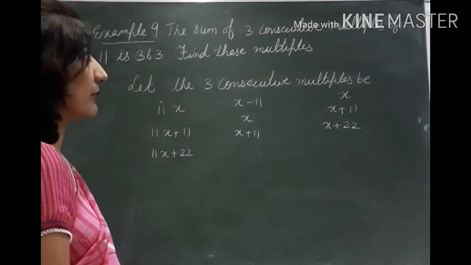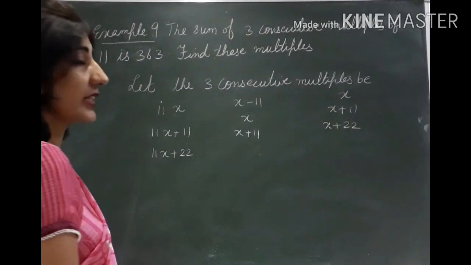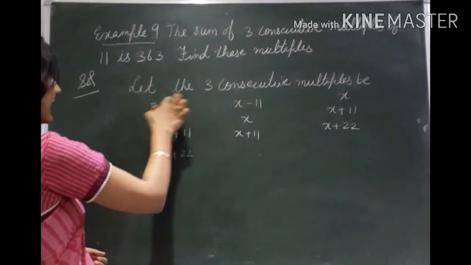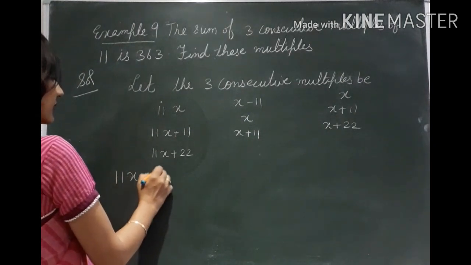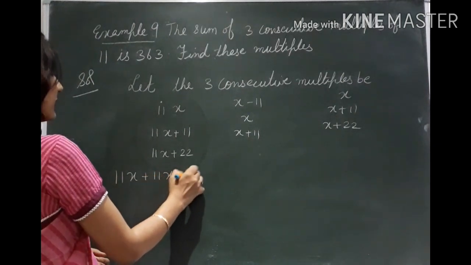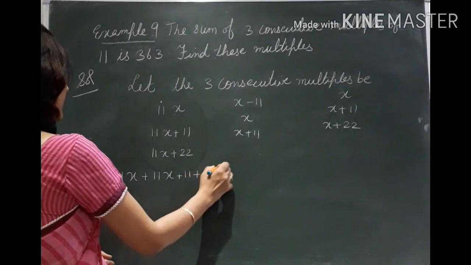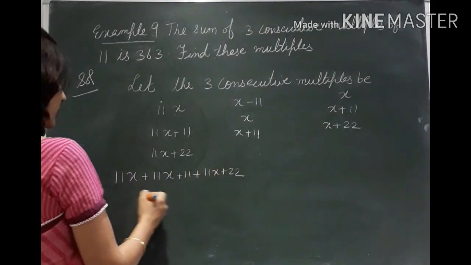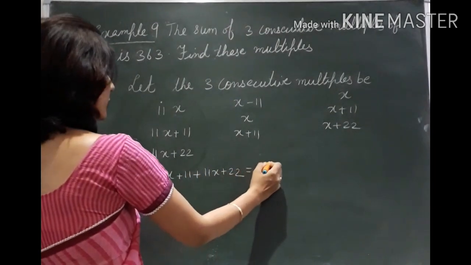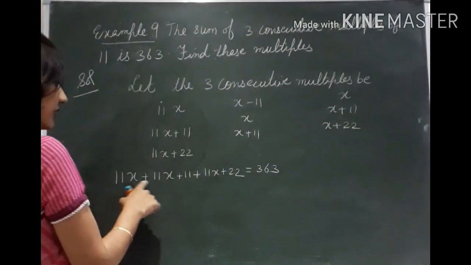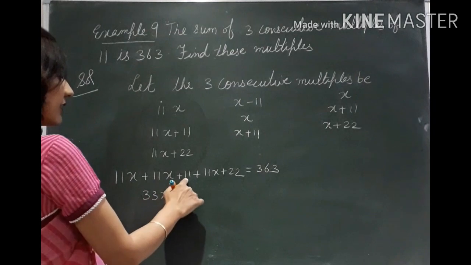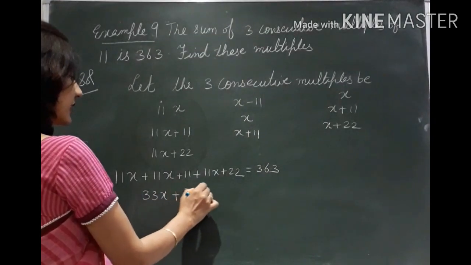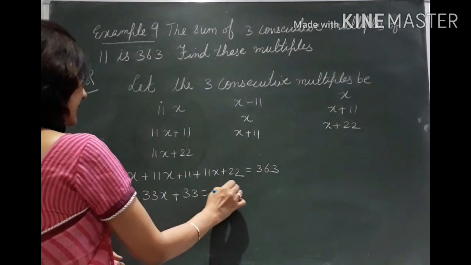Then they are saying the sum is 363. Let us add these 3 and see. These 3 set of numbers, 11x plus 11x plus 11 plus 11x plus 22. Their sum is equal to 363. 11x plus 11x plus 11x will be 33x. 11 plus 22 is 33, is equal to 363.